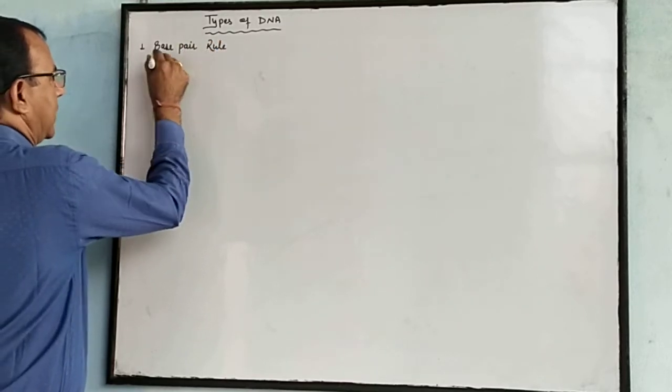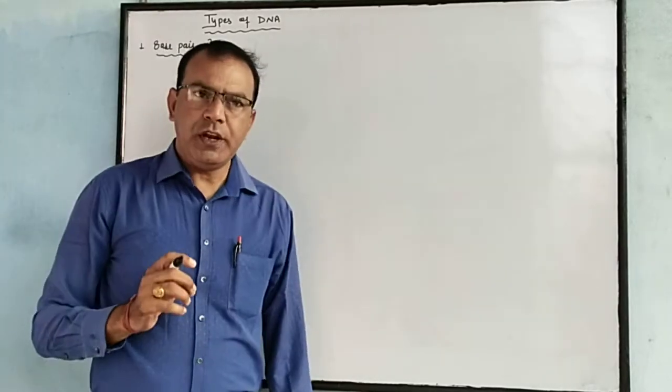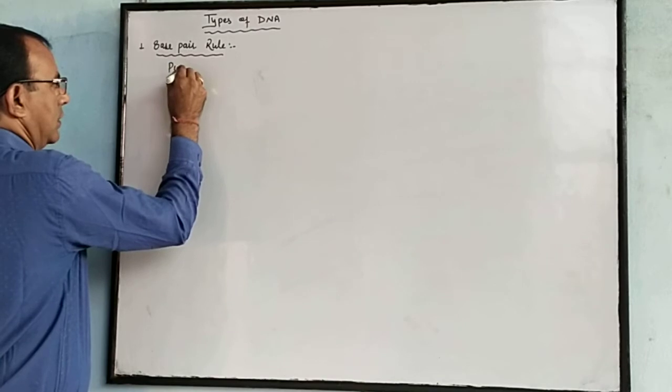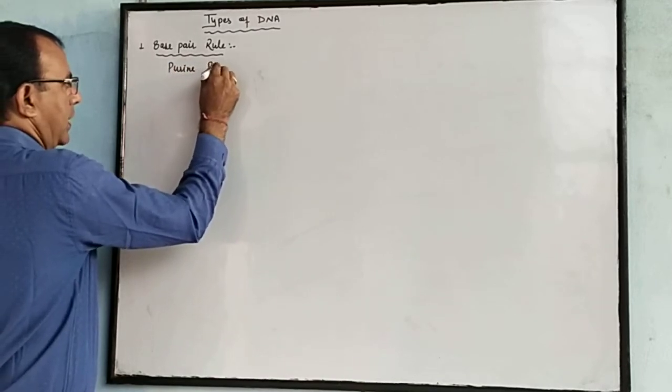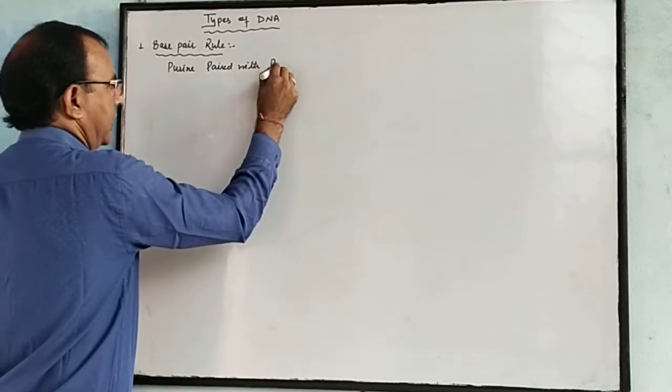What is the base pair rule? We know that in DNA, purine is paired with pyrimidine.